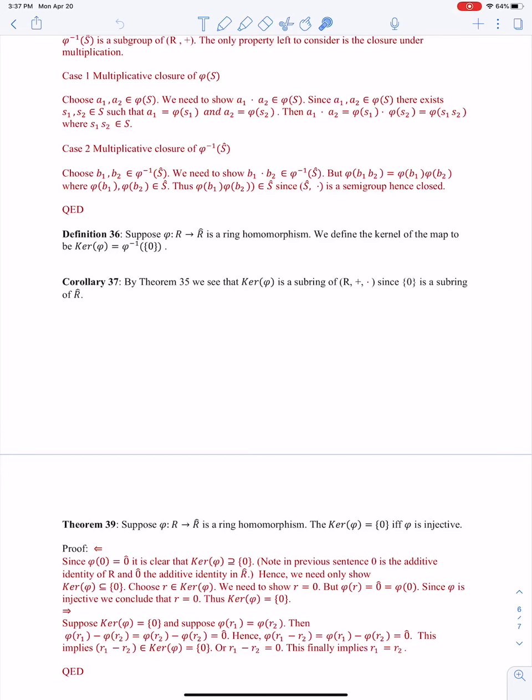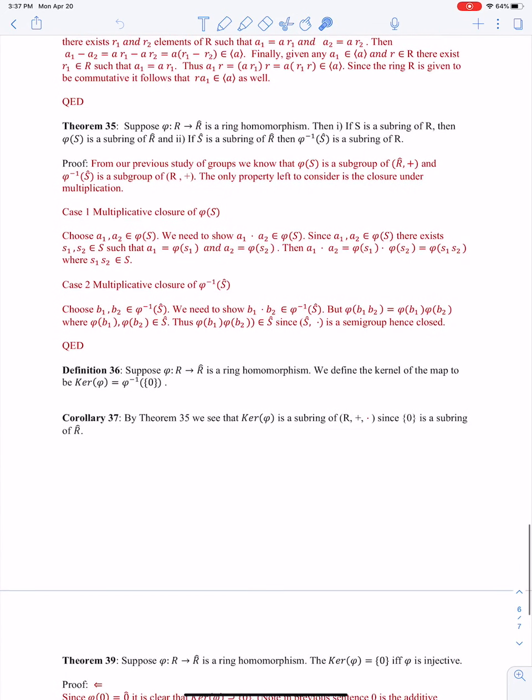Well, by theorem 35, we note that if phi is a ring homomorphism, phi inverse of S hat is a subring of R whenever S hat is a subring of R hat.